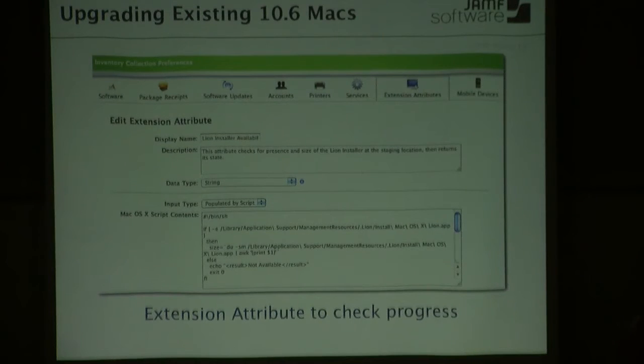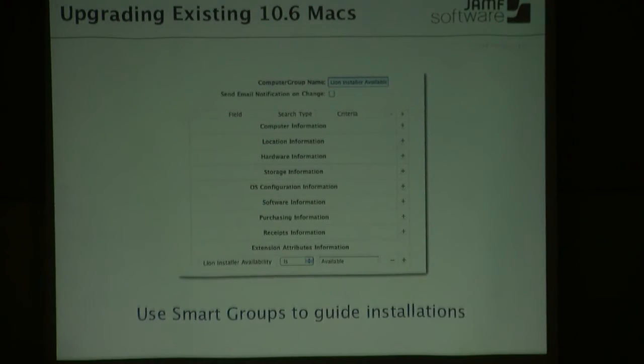So essentially we're running a small script here, a bash script, to collect the information about that app to make sure it's installed and fully there on the device, so it didn't get halfway installed. We'll get that reported back, create a smart group off of it so that we know that it is installed, that it's there.